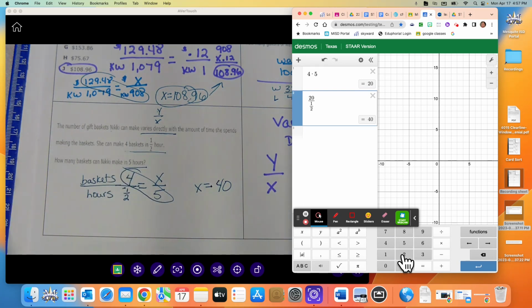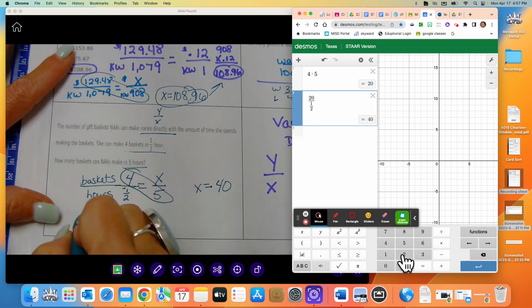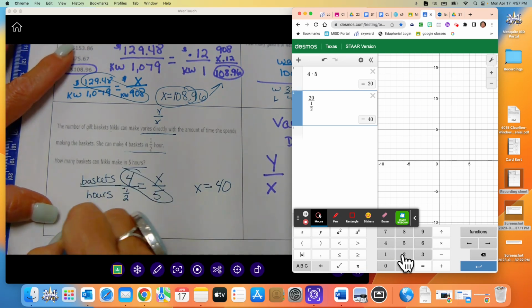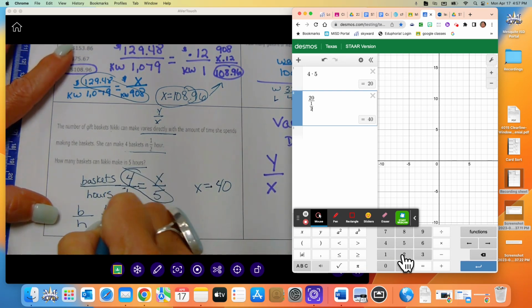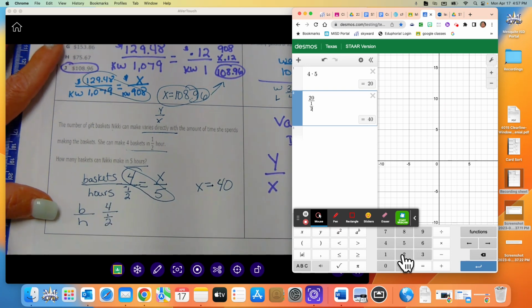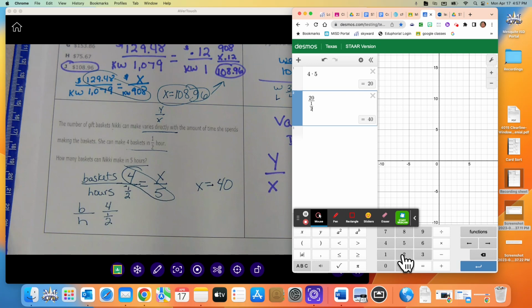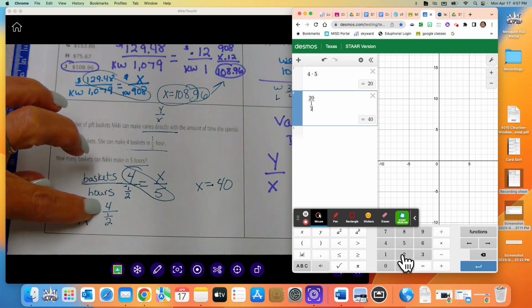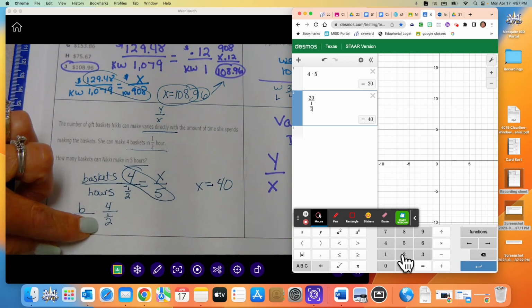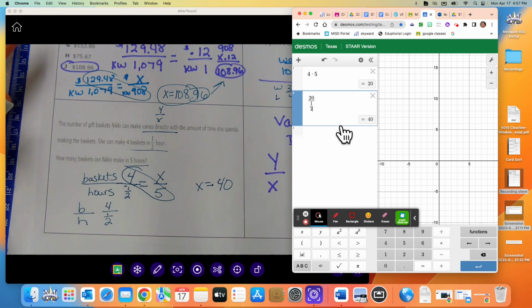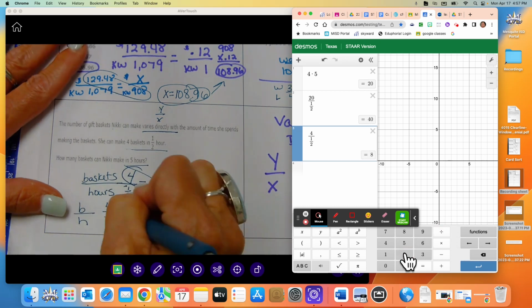Okay, let's do it the other way. Again, we have baskets over hours, so 4 baskets in a half hour. So I want to know how many baskets in 1 hour. So if she can do 4 baskets in a half hour, I'm going to do 4 baskets divided by 1 divided by 2 is 8.